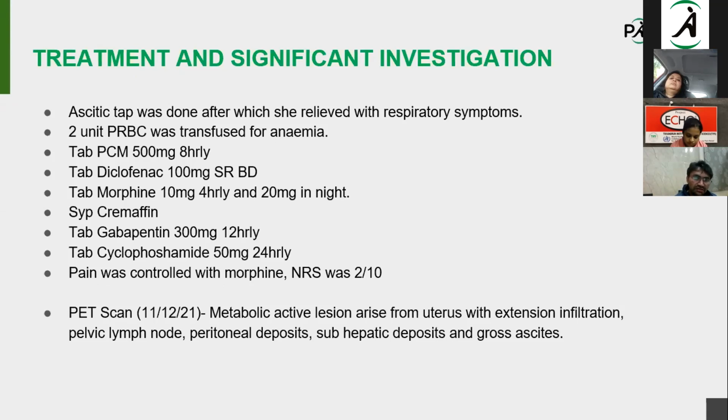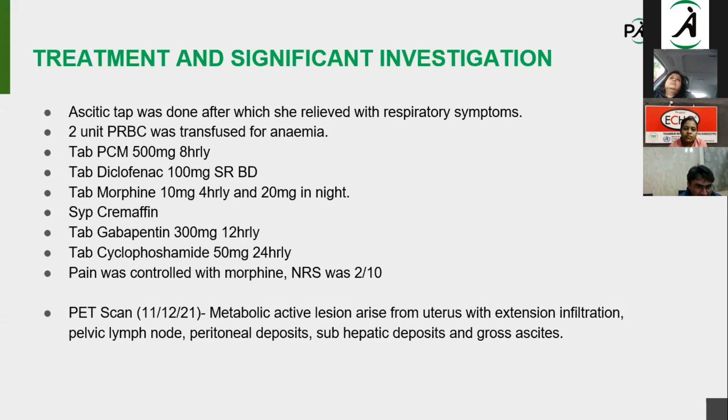Tab paracetamol 500 mg 8 hourly, tab diclofenac 100 mg sustained release BD, and tab morphine 10 mg 4 hourly and 20 mg at night, with syrup cremaffin 30 ml HS. Tab gabapentin 300 mg 12 hourly, tab cyclophosphamide 50 mg 24 hourly. With this dose of morphine, the pain was controlled, and NRS was 2/10.